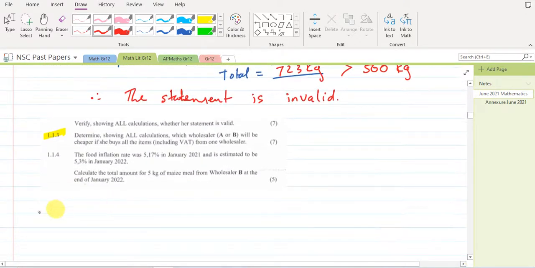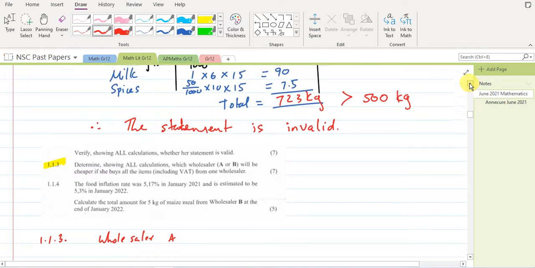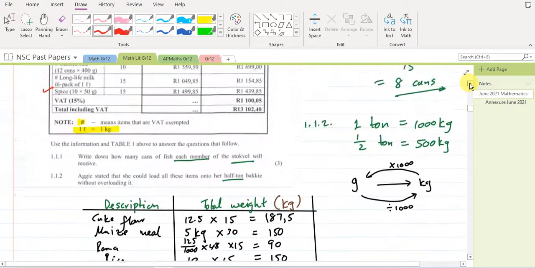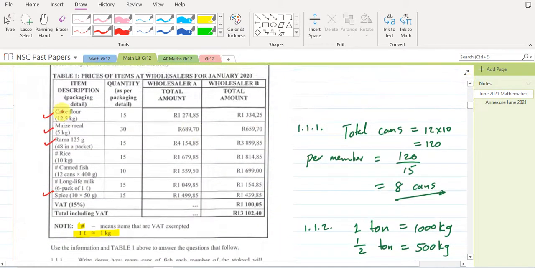So let's have a look at that question, 1.1.3. Let us write wholesaler A. We need to look at these four items and add them up.